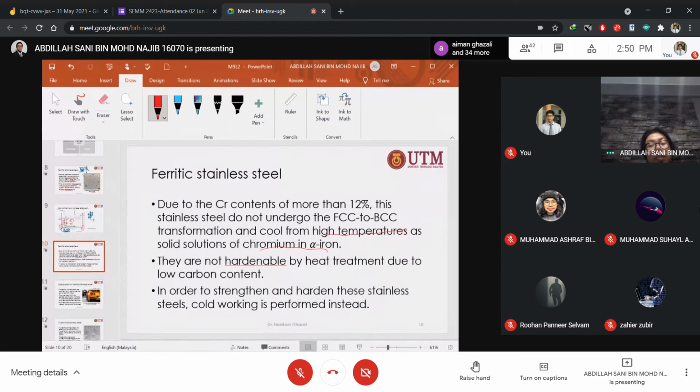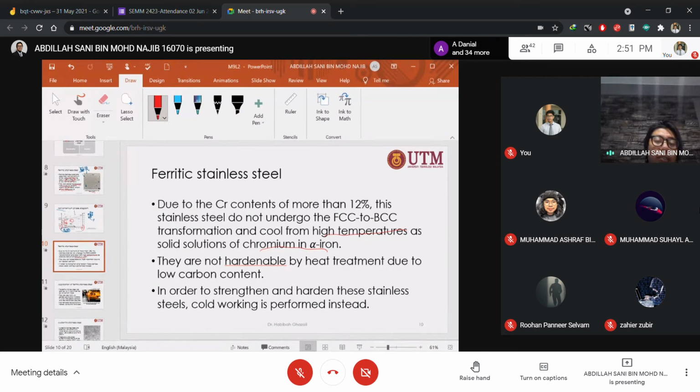They are not hardenable by heat treatment due to low carbon content. Due to the low carbon content, they cannot form carbide or martensite, so they cannot be heat treated.